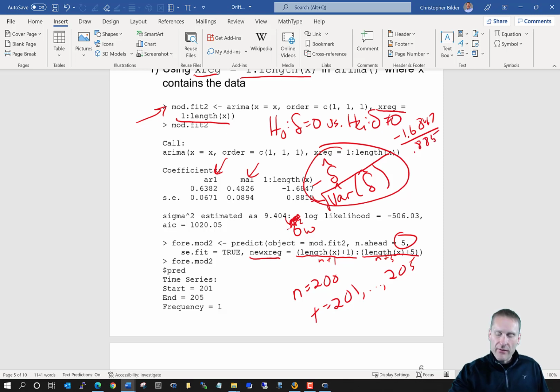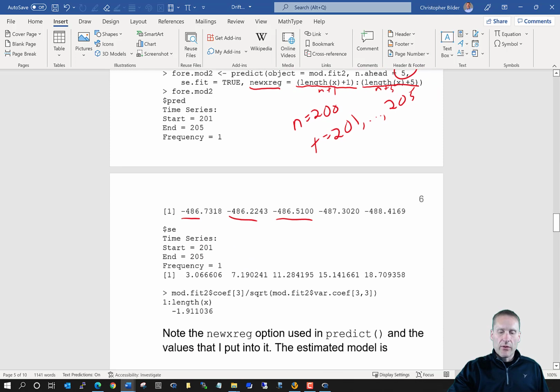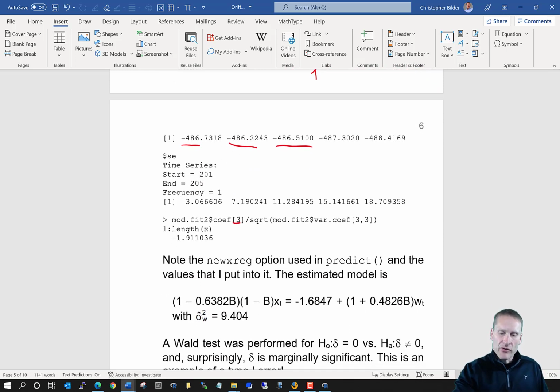That looks like a 5 there. I get my Wald statistic, and I actually went through the process here. I actually pulled it out of the coef component of the return list. I also pull out then the estimated variance from the return list, and I get negative 1.91 for that ratio.